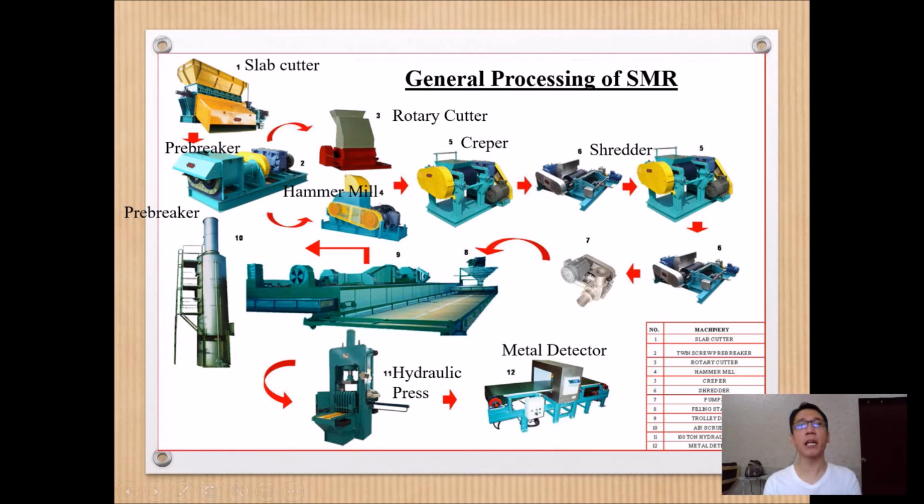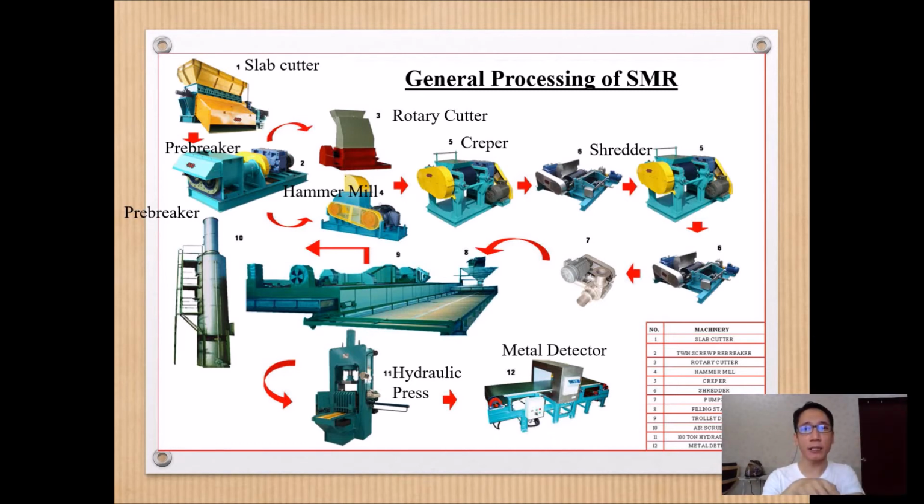The series of creepers have different nip sizes. That means when you creep your rubber material, it reduces in thickness as you go through the series of creepers. At first you produce a blanket or rubber sheet that is slightly thicker, and then creeper number 2 reduces it with a smaller nip size, so it becomes thinner, and this process alternates with the shredder. You cut and you shred, you cut and you shred. At the same time, the creeper folds your material.